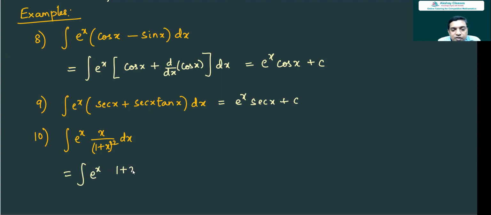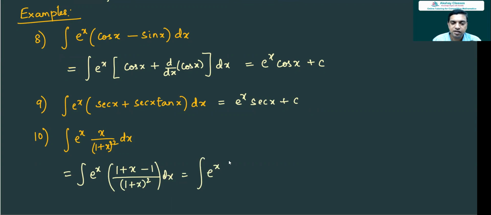I add and subtract 1. Then I simplify this e power x. I divide by the denominator. The first term I'll get 1 plus x. The second term I'll get minus of 1 upon 1 plus x, the whole square. So this is what I get.